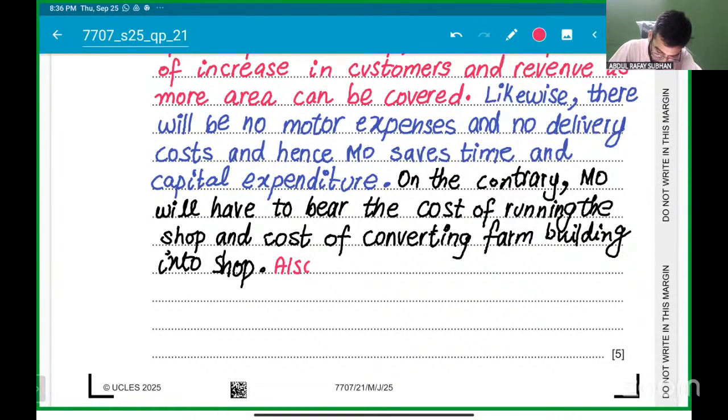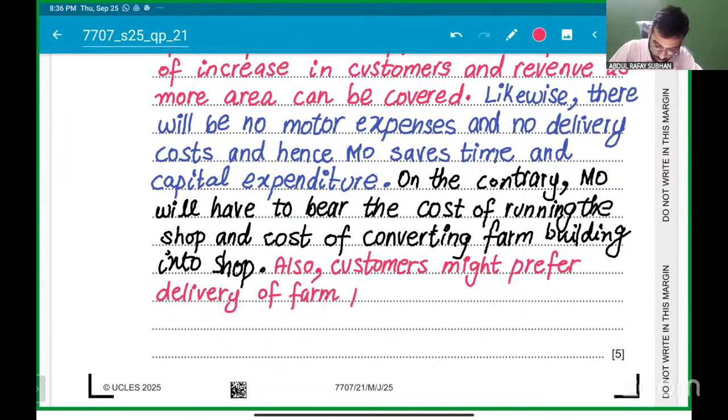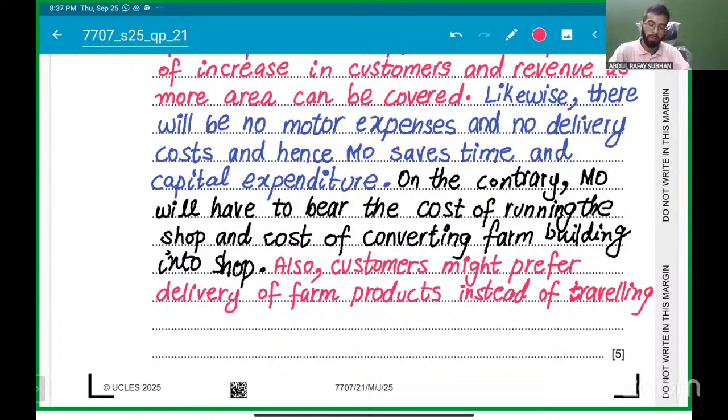Also, customers might prefer delivery of the farm products instead of traveling to the shop.